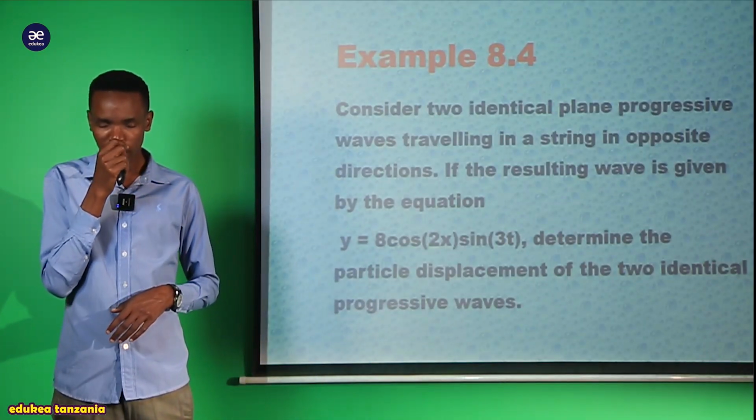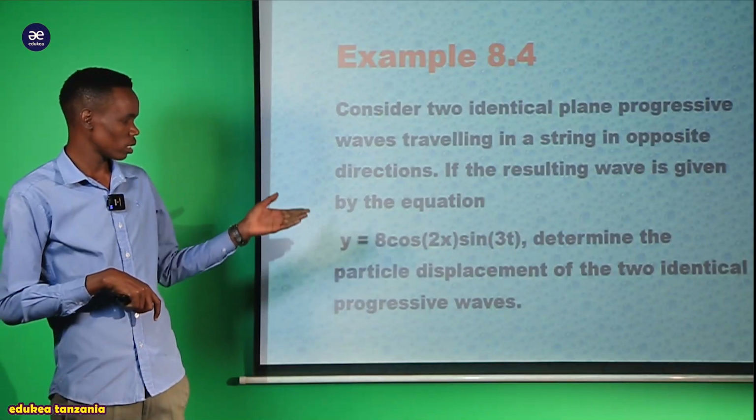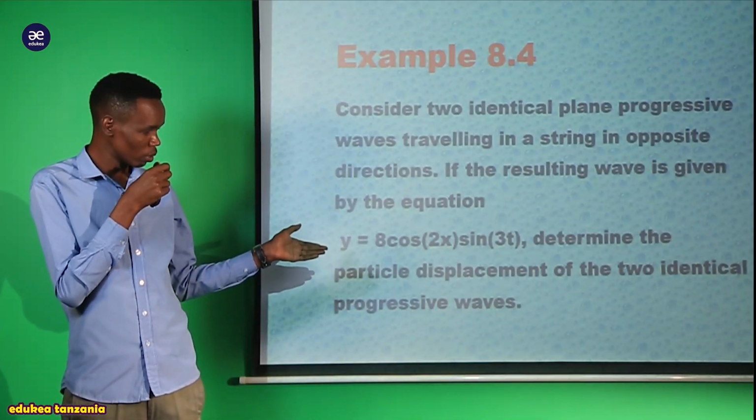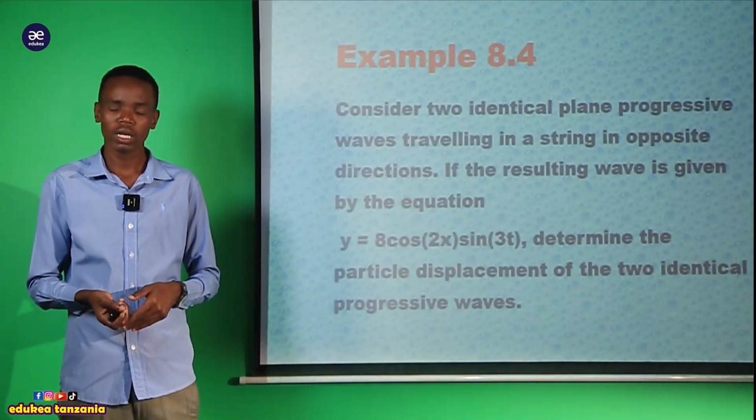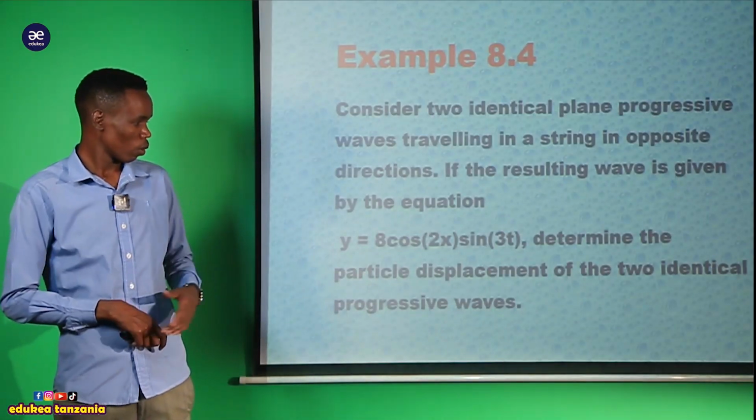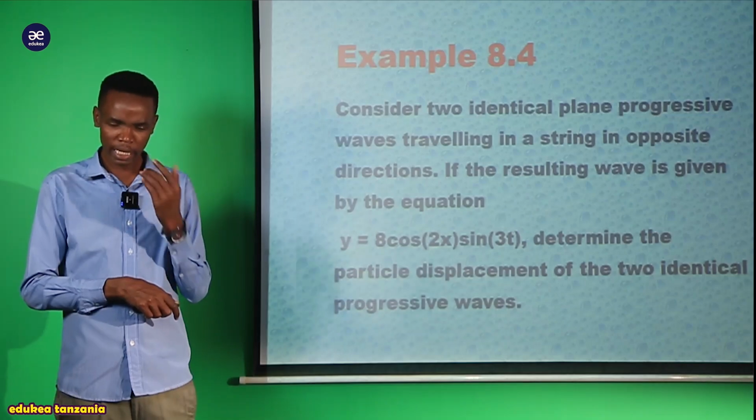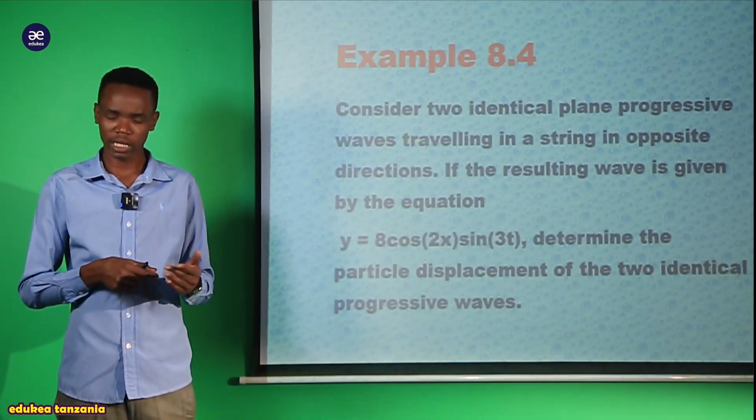If you compare, you should obtain the amplitude is equal to 2a, because here it is 2a. 2a must be equal to 8. Now the amplitude must be equal to 4. Also, this kx, we have it in our formula.